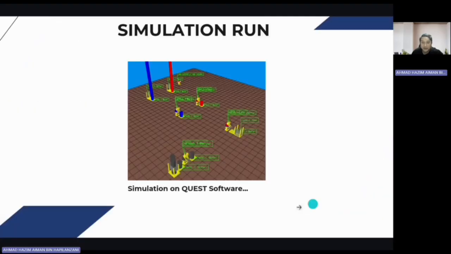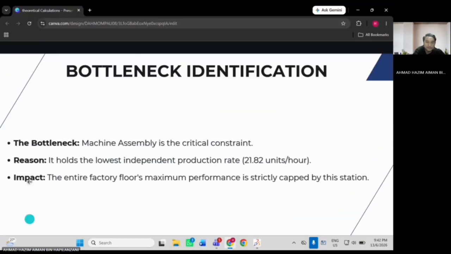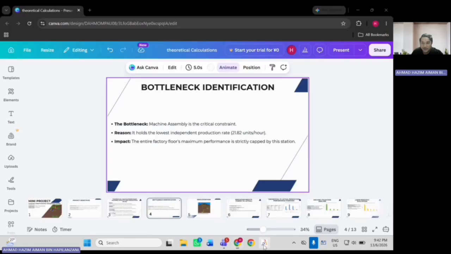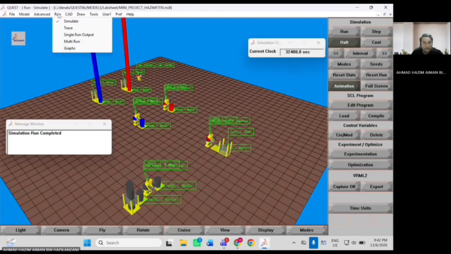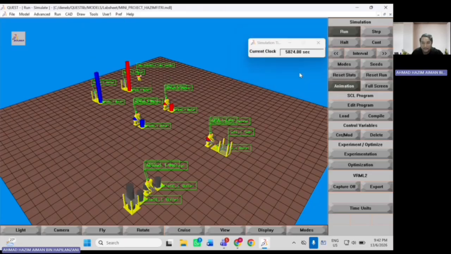Next, we are going to run the simulation. For the simulation, we use Delmia Quest. We are going to run it for 32,400 seconds, meaning 9 hours. So we slow it down and we could see that the operator will take part A, part B, and part D and take them to the assembly machine.